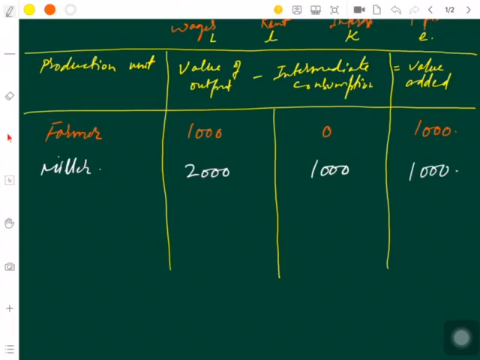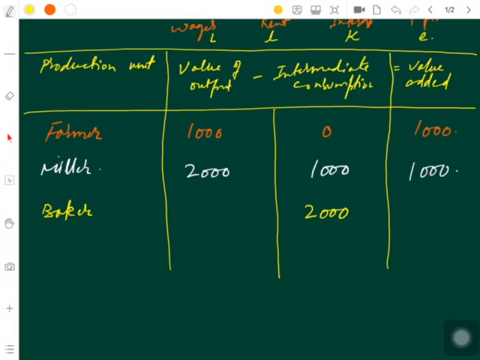Third thing we are talking about here is this miller is going to sell this flour, let us say, to a baker. And this baker bought this flour for rupees 2000. It is his intermediate consumption now, his raw material now, with which he is going to process and turn it into bread, cookies, cakes, etc. So what he would do, he would process it.